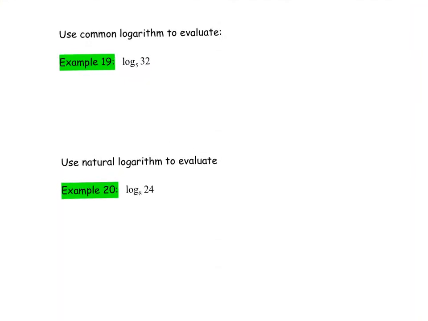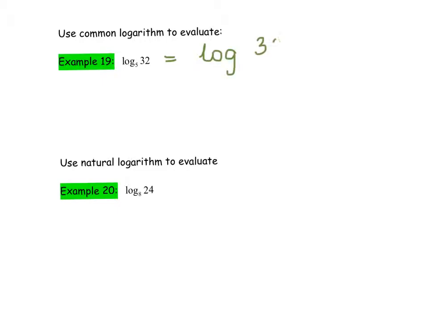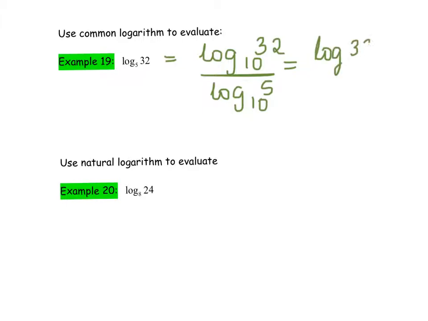Using log 32 to the base 5, I'm going to use a common log, which is log 32 to the base 10 over log 5 to the base 10. So you're simply going to put log 32 over log 5 in your calculators, because if I don't specify the base, it is base 10.